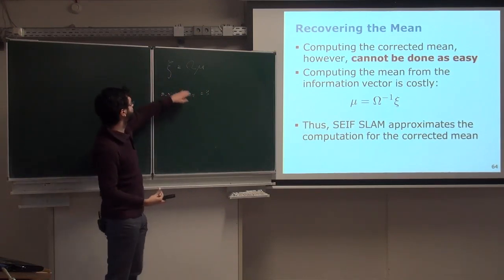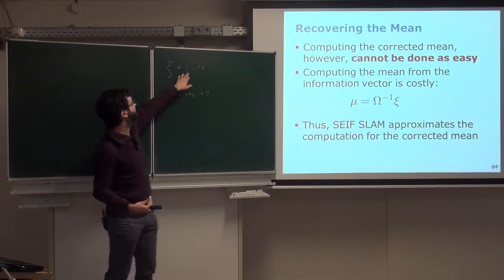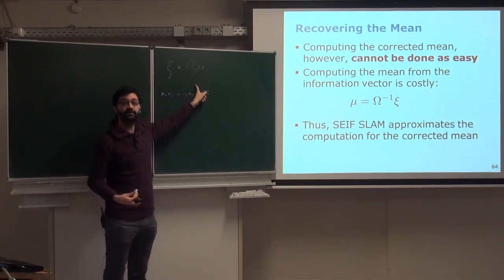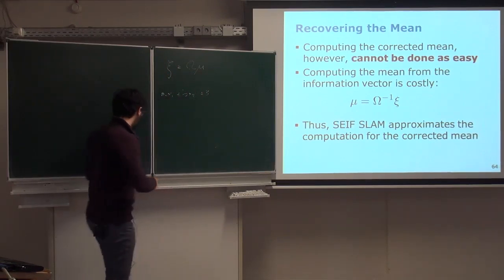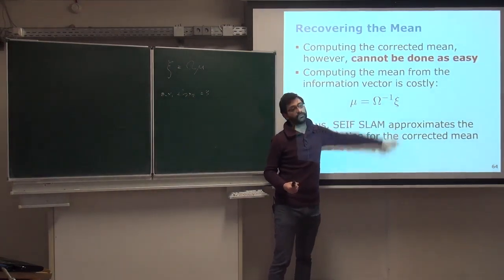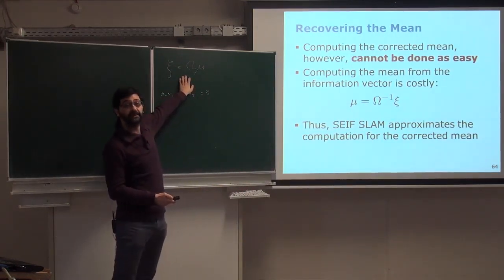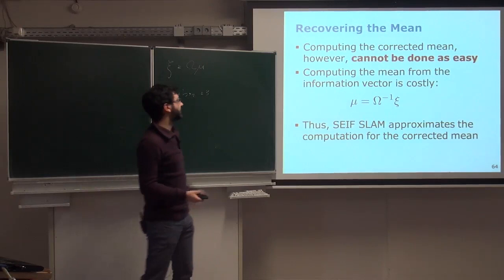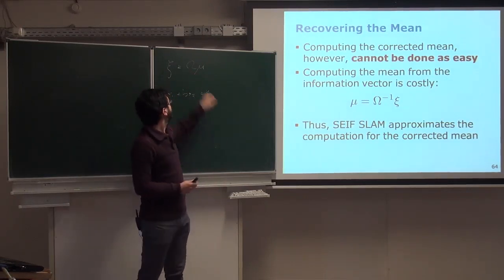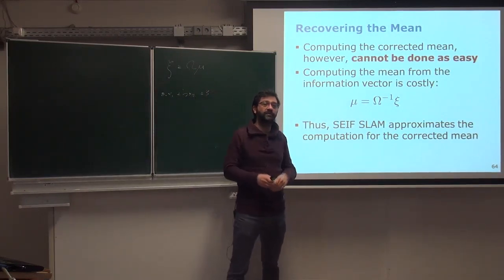And these are all stacked in here. The a and b are actually inside omega, and the x are the ones in the mean that we are trying to compute. So in reality, you don't really invert the matrix and multiply by the information vector, but you solve these equivalent linear systems. And we'll see later on that actually you cannot really do this because there are more equations than unknowns. So it's an over-determined system that does not always admit a solution.